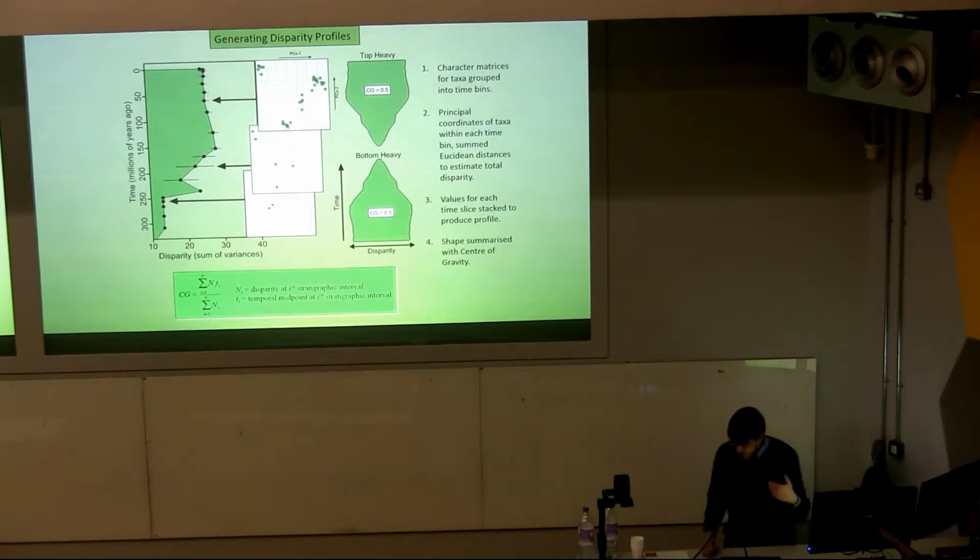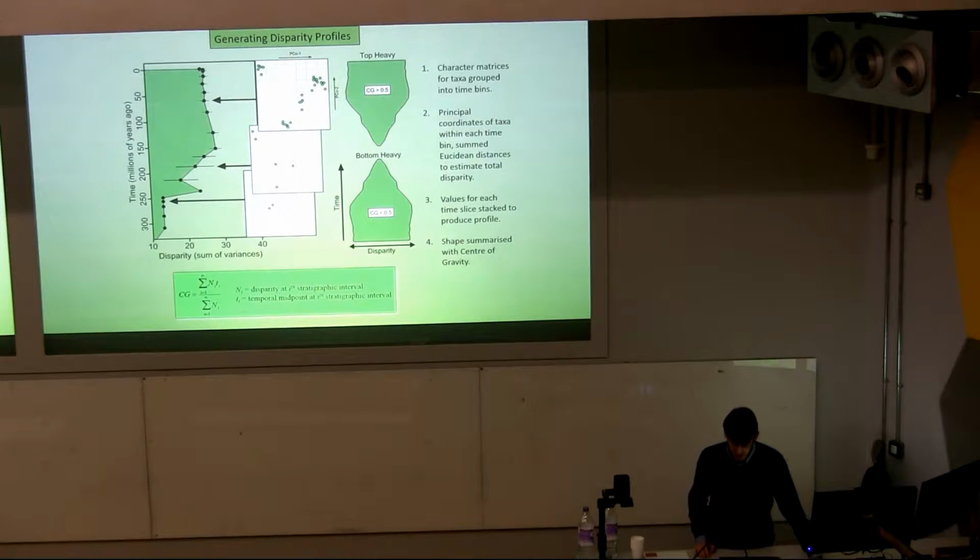So how can we go about looking at this in a more rigorous and quantitative way? Well, the way that I've used, and that other people have used, is to try and generate disparity profiles. The methods I'm going to be talking about here have been done using character data, so discrete character data sets, because that's a way of getting good data on morphology for a large number of clades from the literature relatively easily.